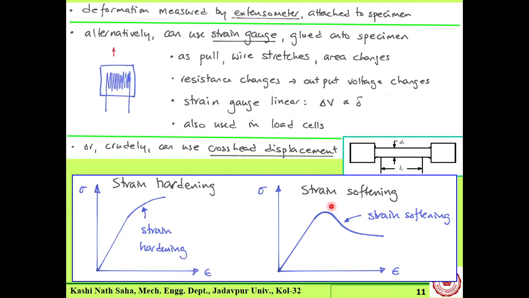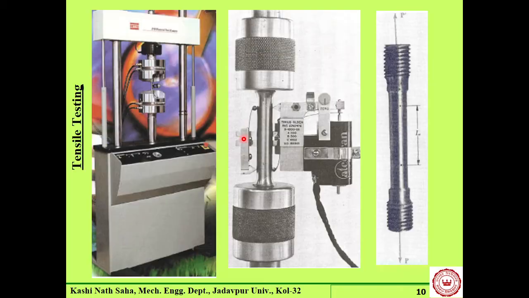Then how do we measure strain? This is known as an extensometer. We can measure it using a strain gauge; we will be discussing the strain gauge afterwards. We can also measure it by the movement of this particular crosshead, how much it has moved, that displacement we can measure.